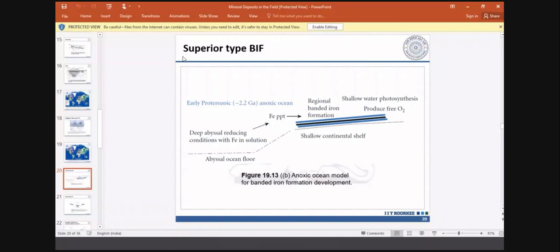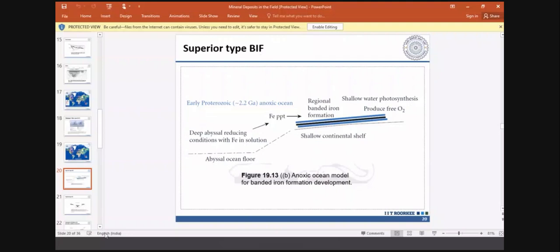So this particular one is called a superior type of banded iron formation. Of course, when you are going to study banded iron formation, we will study superior, we'll study Algoma type, Rapitan type. So there are different types of iron formations which are characteristic. When you try to study those rocks, you'll find out whether they belong to superior type or Algoma type, because superior type carries a lot of iron deposits.